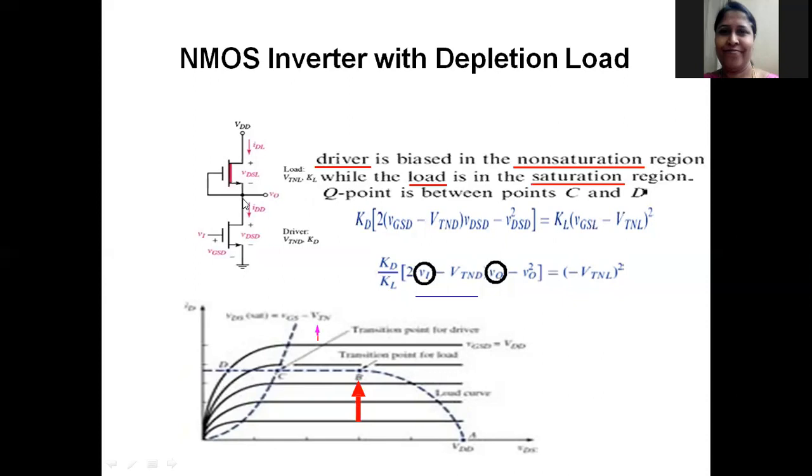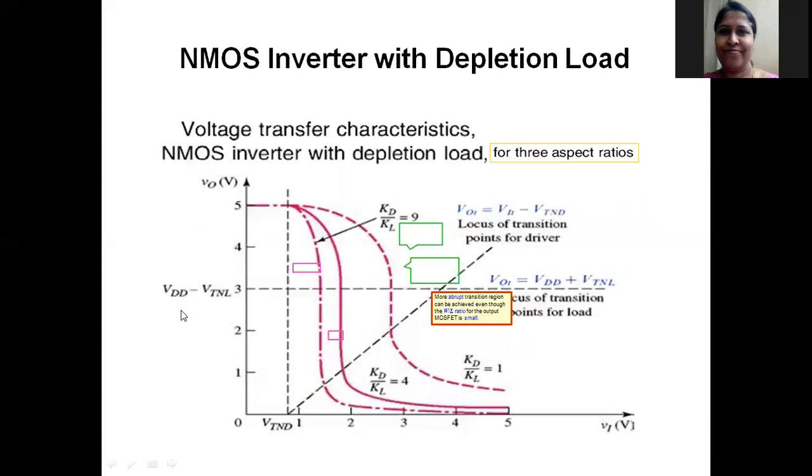The output will be equal to the current into the resistance of this device. So when you observe V0 versus Vi, you get an inverter characteristic curve, and if you vary the ratio KD by KL, you will find that as you increase the ratio, the curve moves towards the left side. As you decrease the ratio, the curve moves towards the right side. What is this KD by KL?